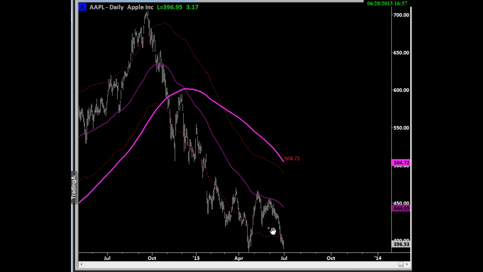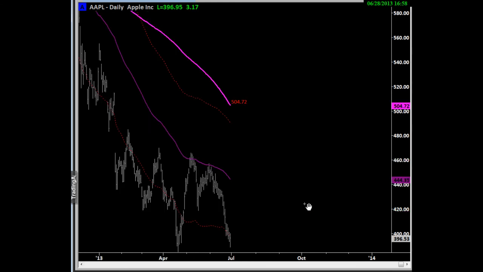But in this case, the pattern itself is kind of invalidated, and now it's forming what we think may be a Gartley kind of pattern. Let's see if I can draw. Let's see. There's a pen here, or maybe arrows. So here is the one.